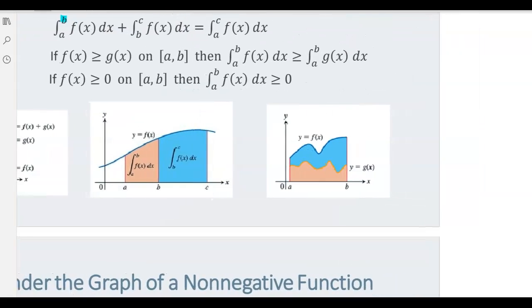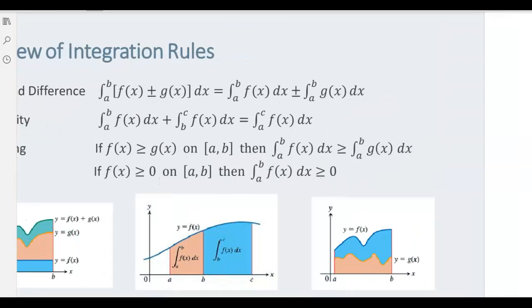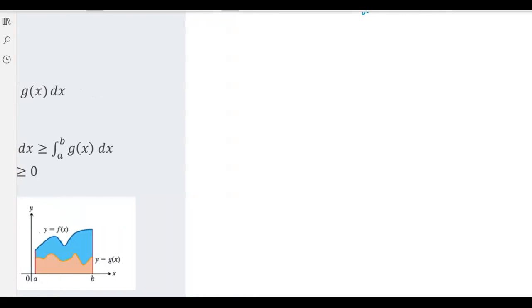All right, let's do a proof of the additivity property. So we're starting with two functions that are being added together, two different functions.